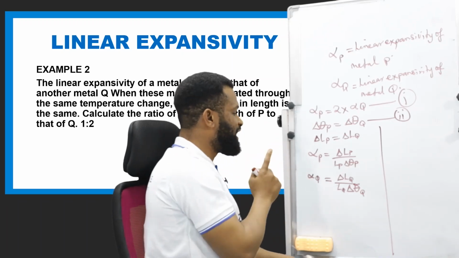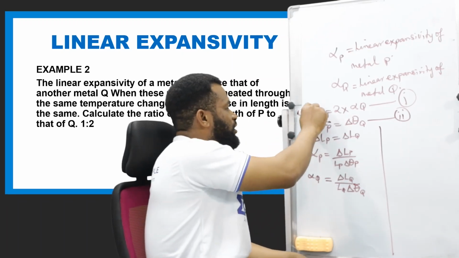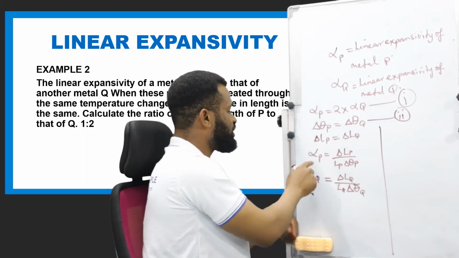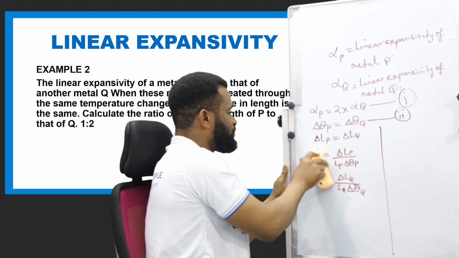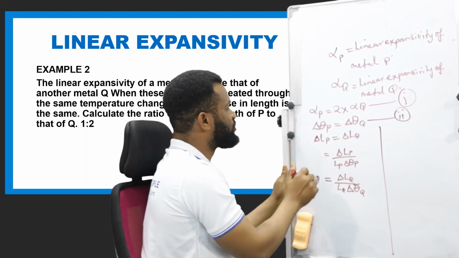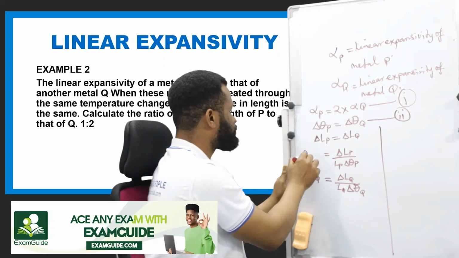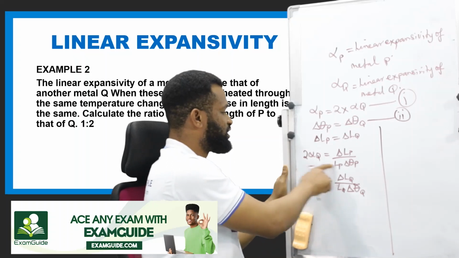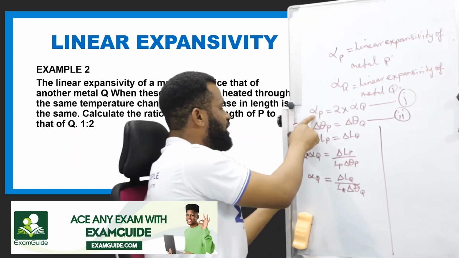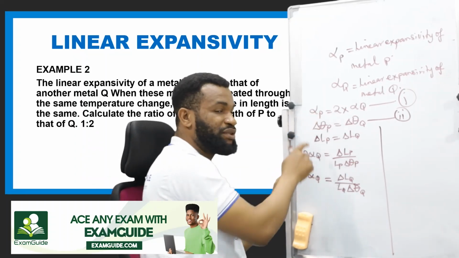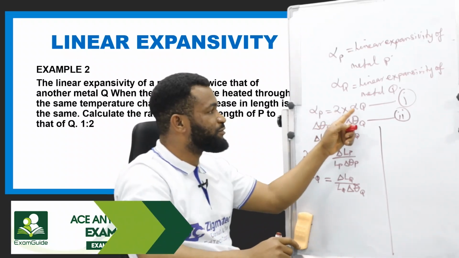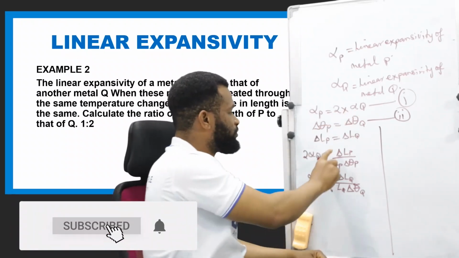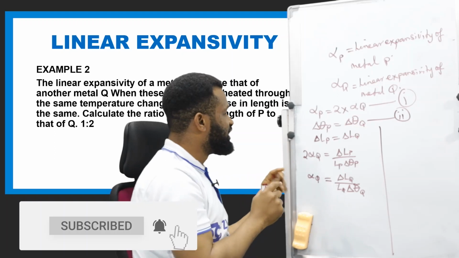Now, they say that one of these is equal to 2 of this. So instead of writing 1 of this, I'm going to write 2 linear expansivity of Q. Yes, this is what I have. Because the linear expansivity of the metal P is 2 times the linear expansivity of Q. So now that I have this, there is another thing.